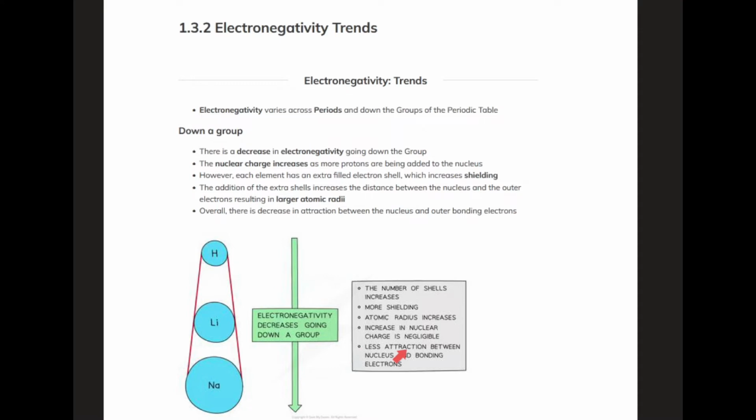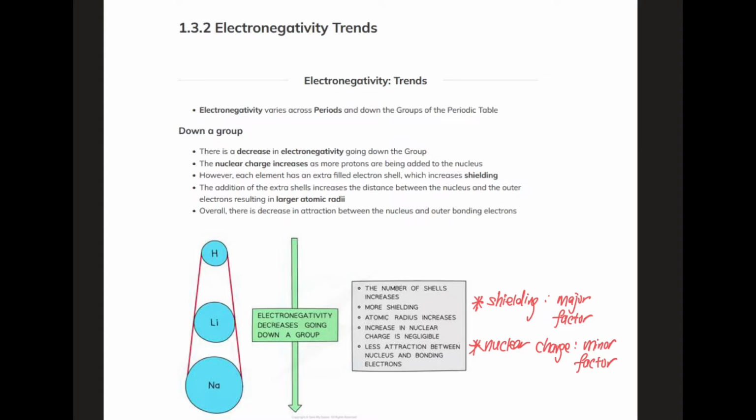So the final effect is less attraction because of more shielding, less attraction between the nucleus and bonding electrons. So remember, shielding is the major factor, but nuclear charge is just the minor factor.